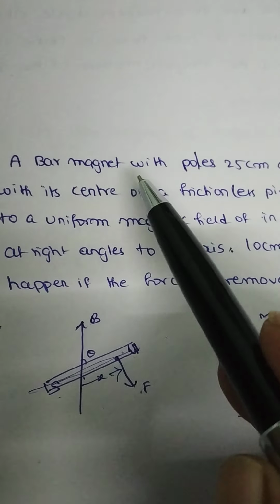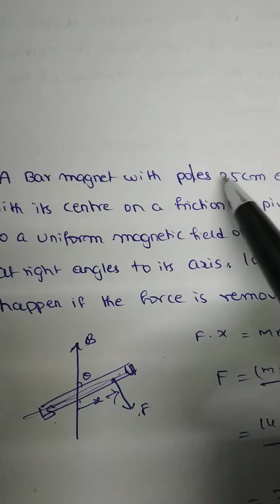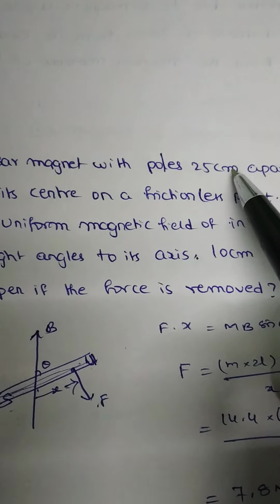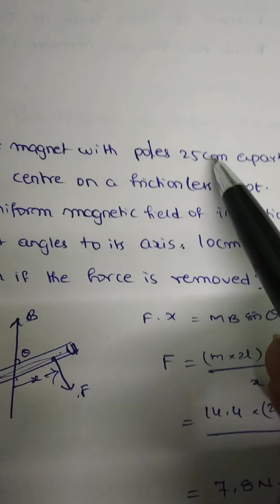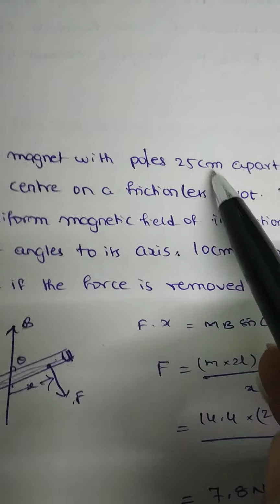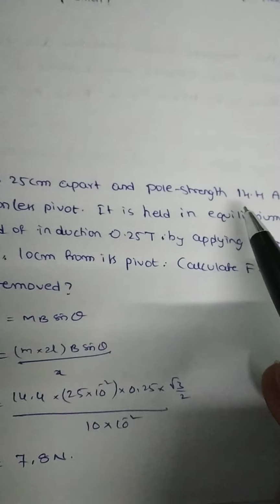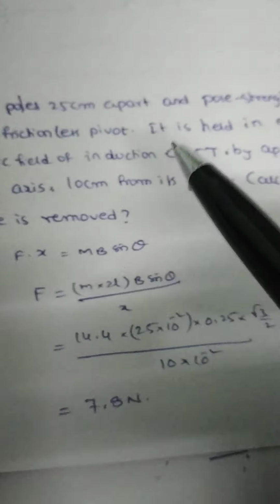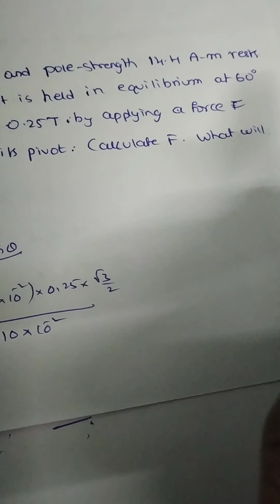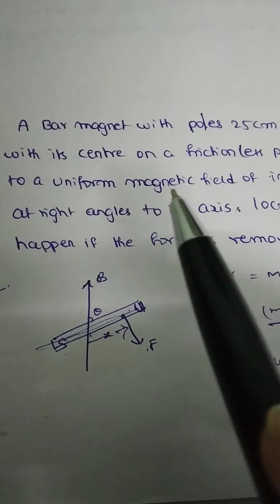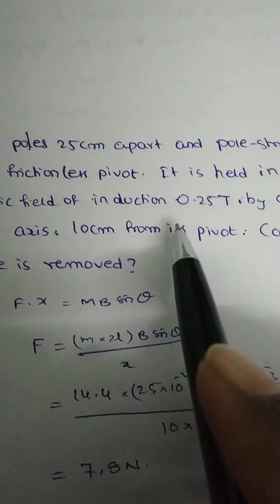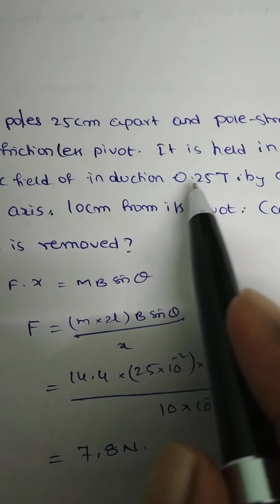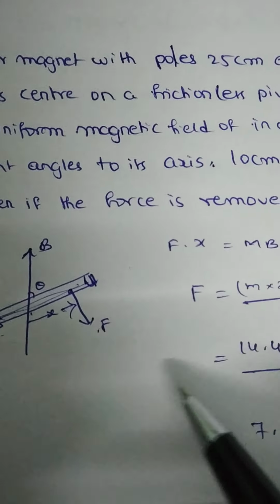It is given that the bar magnet with poles 25 centimeters apart is the length of the magnet: 2L is equal to 25 centimeters. Pole strength small m is equal to 14.4 ampere meter. It is held in equilibrium at 60 degrees, theta becomes 60 degrees. Uniform field of induction B is 0.25 Tesla. Find the value of capital F.